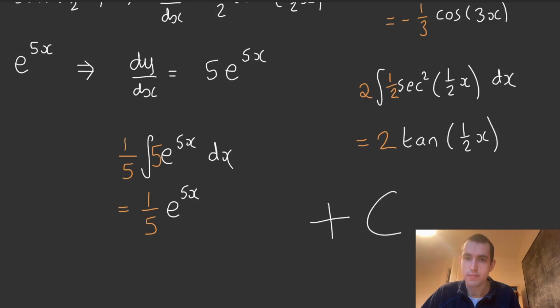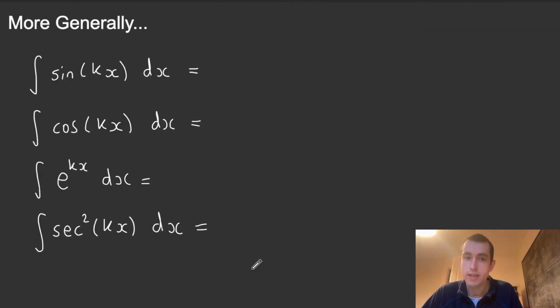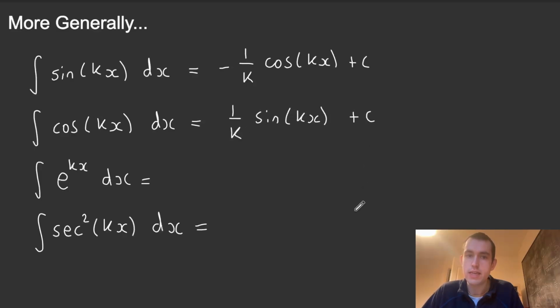In a similar way, if k is any constant, then the integral of sine will be minus 1 over k cos kx plus c. The integral of cos kx will be 1 over k sine kx plus c.